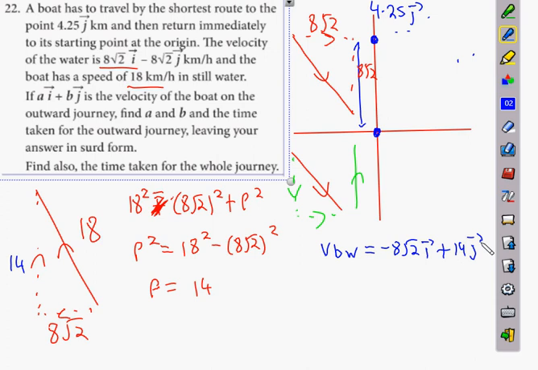We know the velocity of the water to be what, guys? 8 root 2 i minus 8 root 2j.